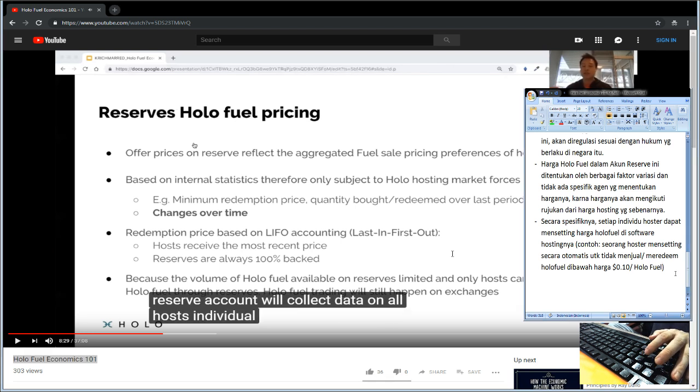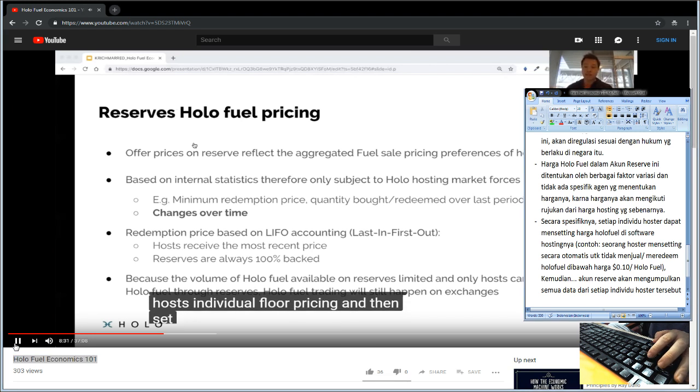Okay, so here we continue. Then it will collect all data from each individual hoster, individual floor pricing, and then set a reserve price.